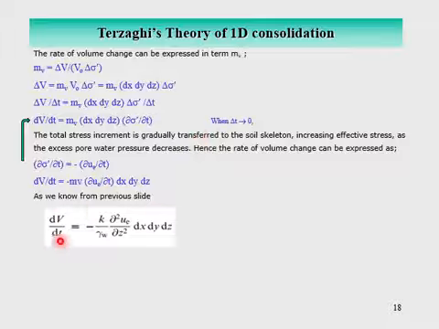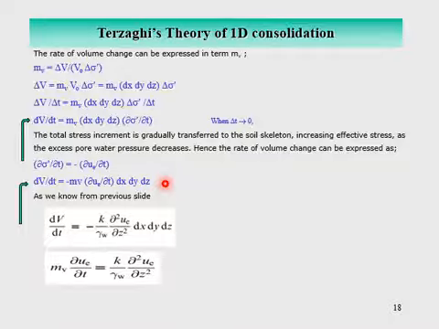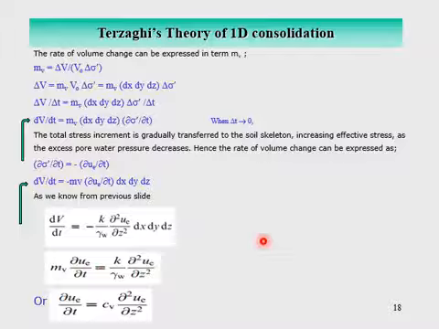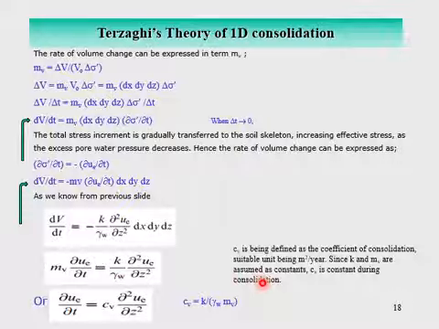This is the equation that we derived in our previous slide for dV by dt. It is again in terms of excess pore water pressure, but changes with respect to z. Now we can compare dV by dt in both equations, and you will have this equation derived. And this could be again simplified by c_v, which is a constant equal to k over gamma of water m_v.